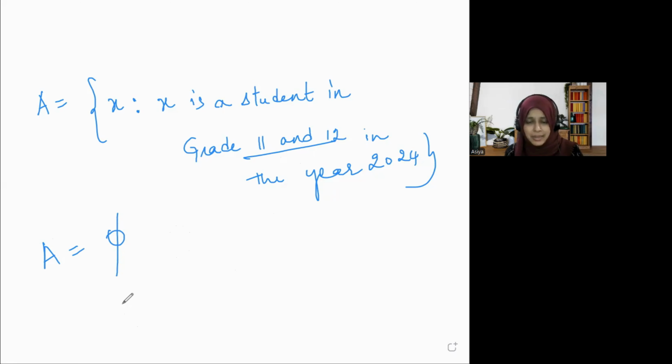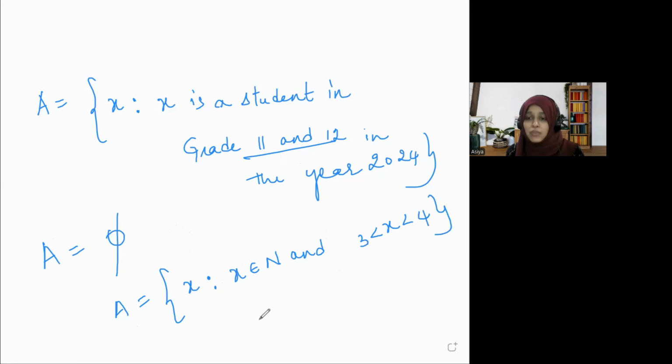Let us take another example. Now, the set of all x such that x belongs to natural numbers and x lies between 3 and 4.